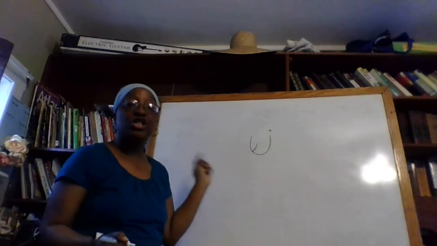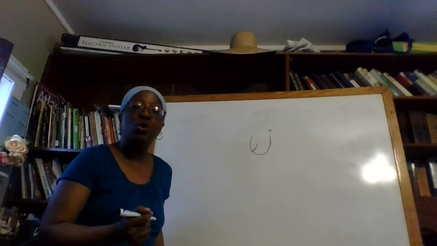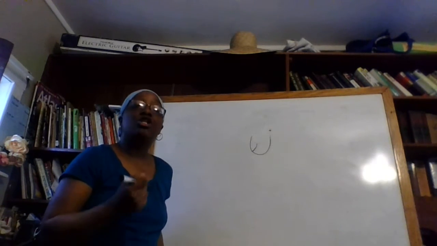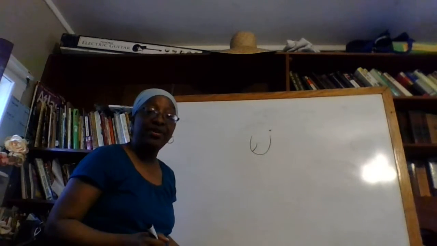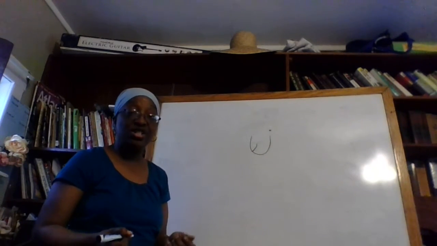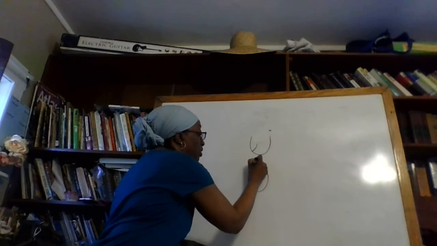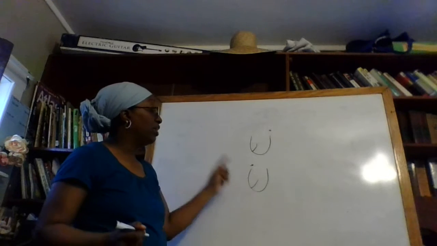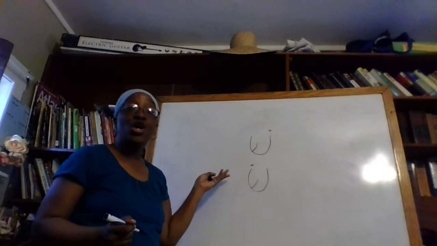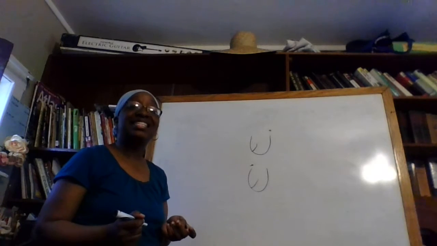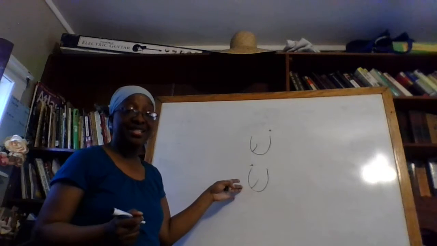This is the letter Shin. It makes the sh sound like in show, like in shop. When you see the dagesh to the right of it, then you know that is the Shin. When you see the same letter with a dagesh on the opposite side, then you know that's a Sin.